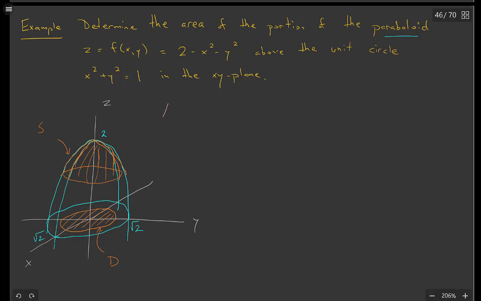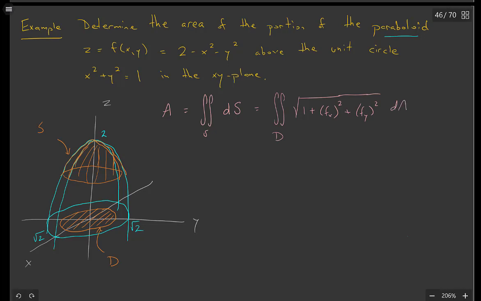So in particular, the area of this region S, remember we use this dS to describe an infinitesimal area element for a surface that's living in 3 dimensions, is equal to the double integral over its projection into the xy plane, this region D, of the square root of 1 plus the partial derivative of f with respect to x squared plus the partial derivative of f with respect to y squared, all square rooted.